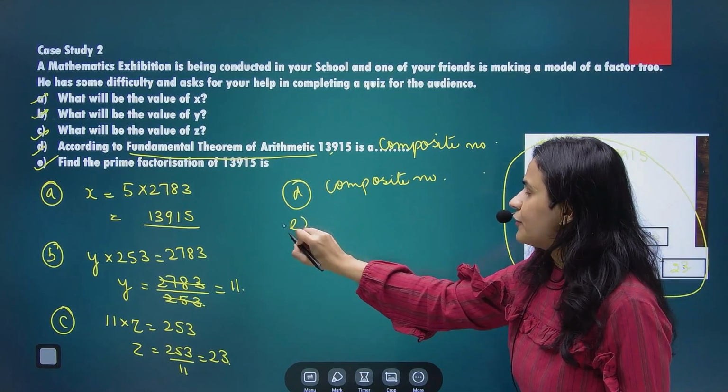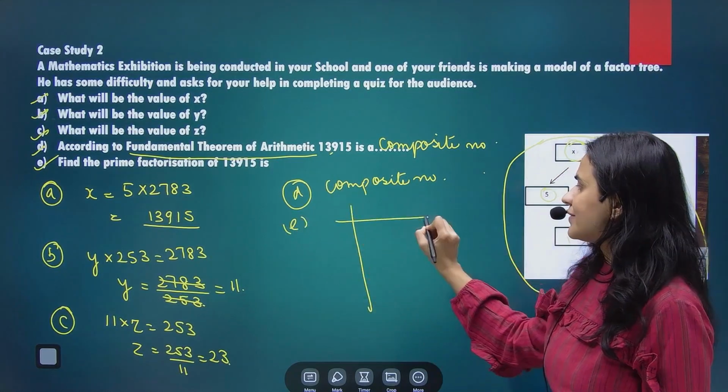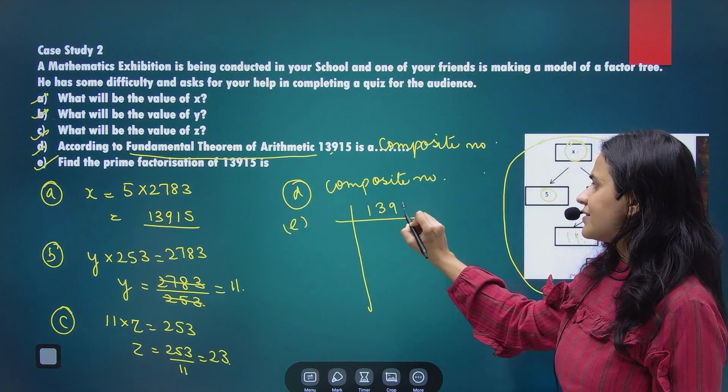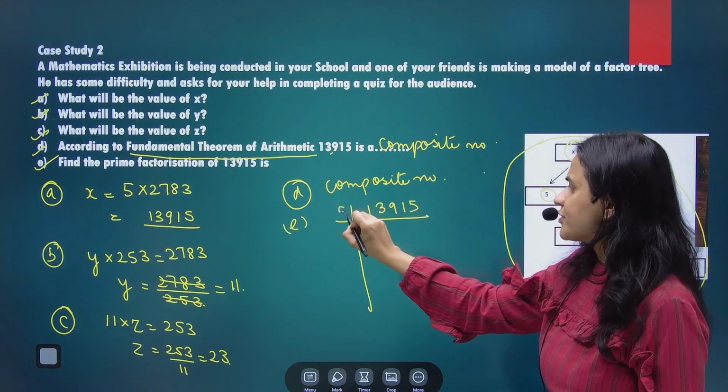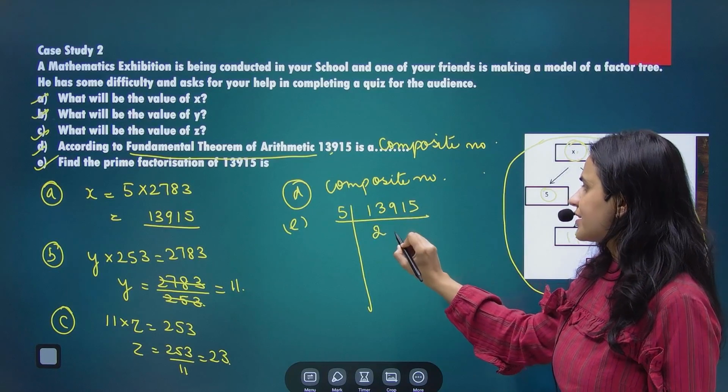Now I have to give the prime factorization of 13915. Very simple. Do the prime factorization. 5 is going to be the factor. पहले उससे कर लेते हैं.